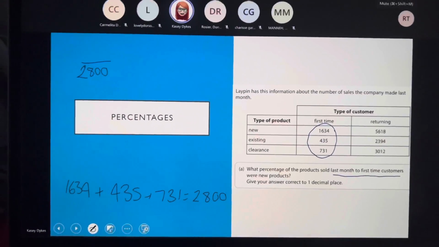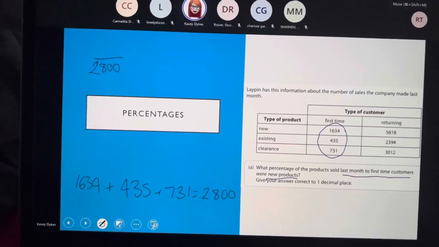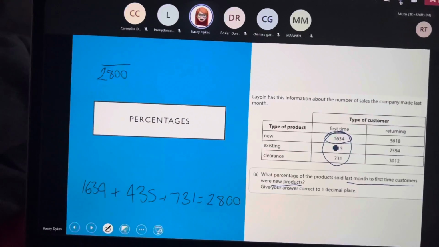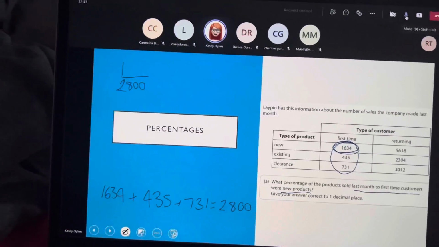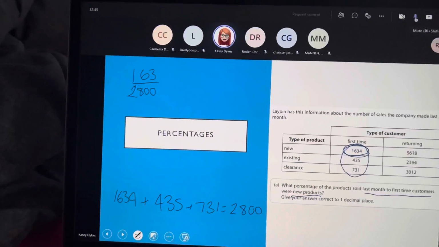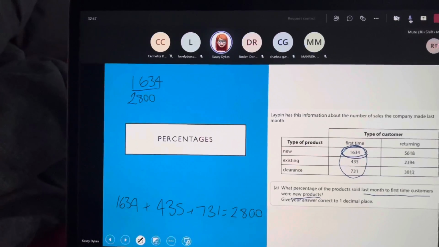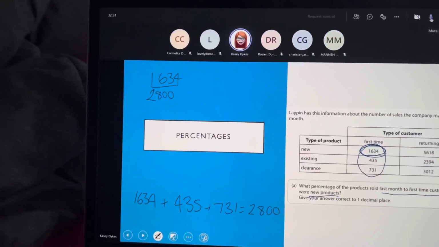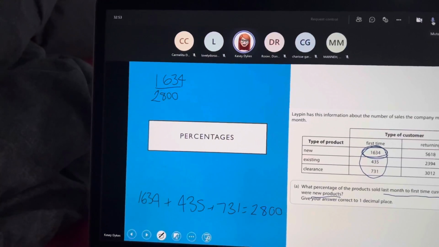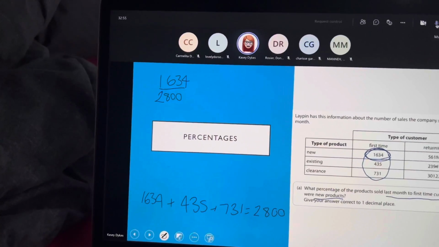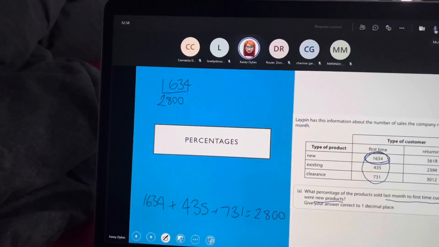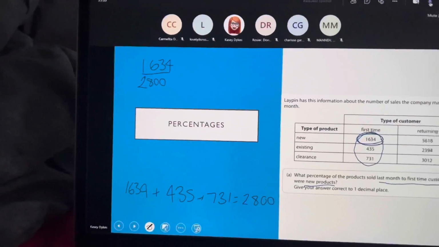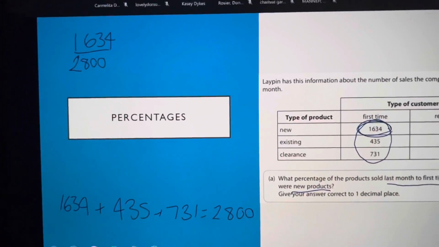And then we're looking specifically at how many of those were new products. So that's this top number, 1634. So that's it as a fraction. 1,634 out of the 2,800 products were new products. And we're going to convert that into a percentage.